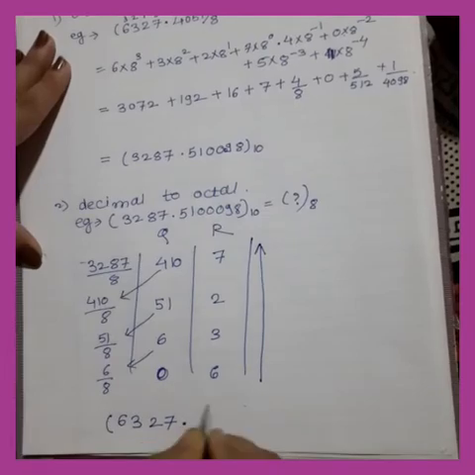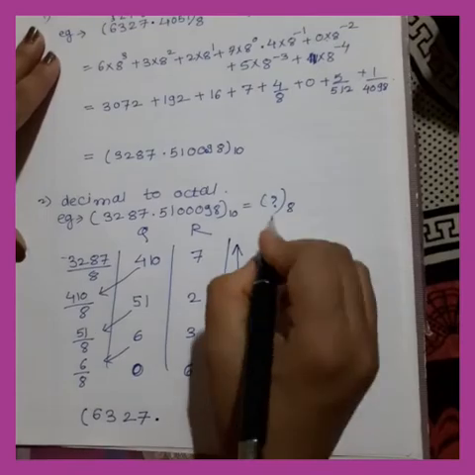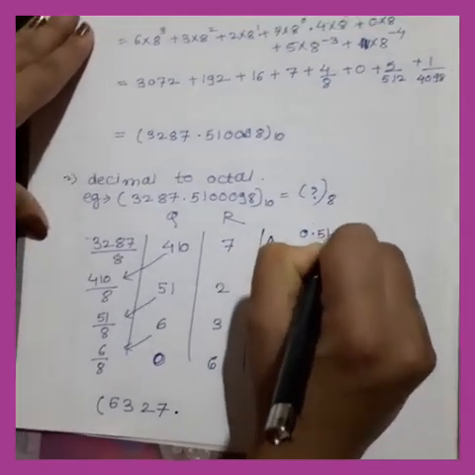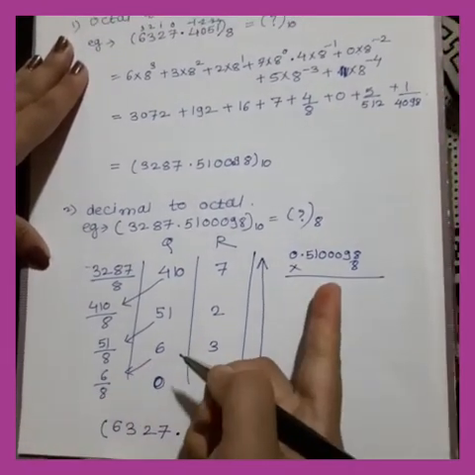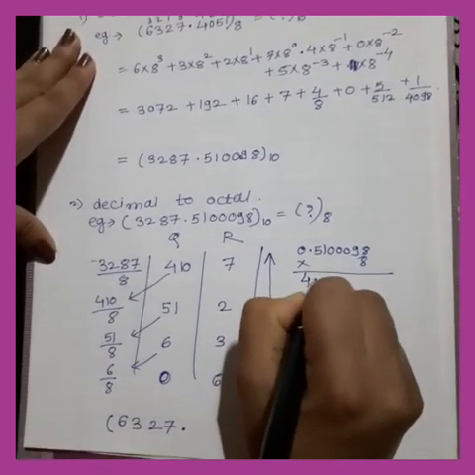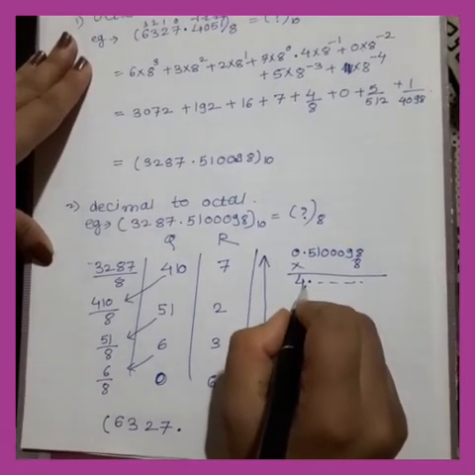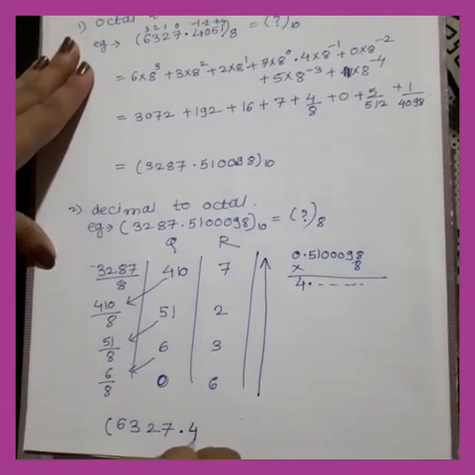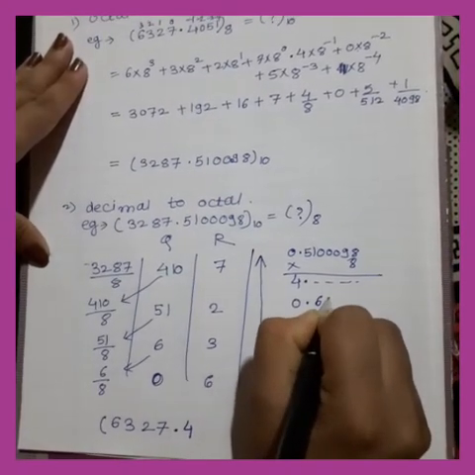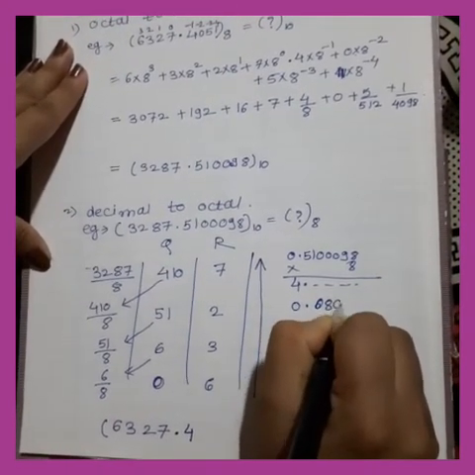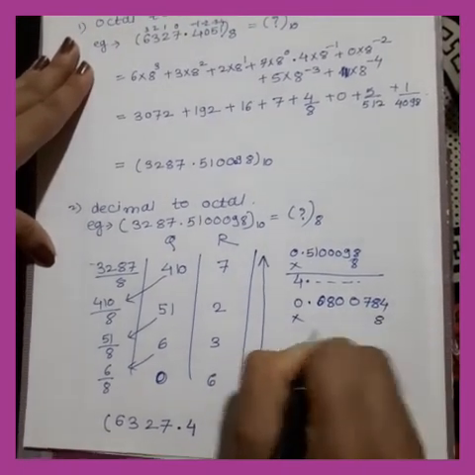So the octal equivalent is 6327. Point. After the point, whatever value is there, you have to multiply that value by 8. So we now multiply 0.510098 by 8. If you do the multiplication, it is 4 point something. Now we have to take this 4 over here and replace it by 0.680074 into 8.